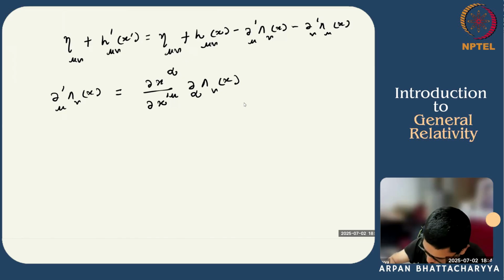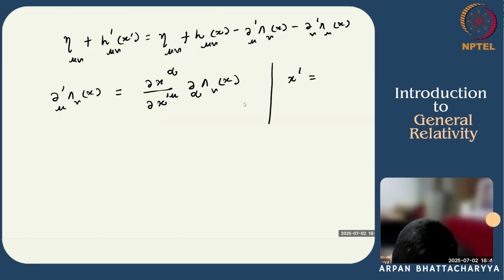Now what is this? Remember, x prime is basically x plus capital lambda. So now let's put the indices on both sides, alpha, alpha, and alpha.